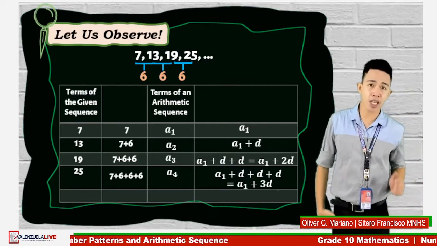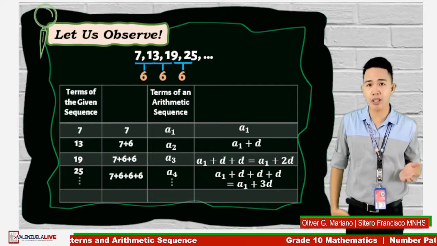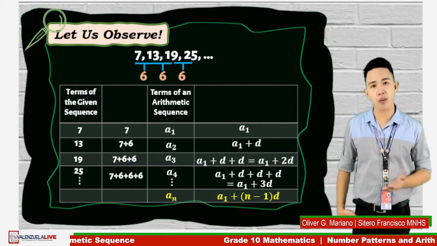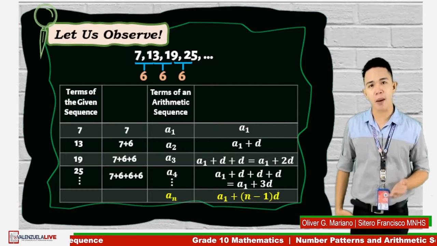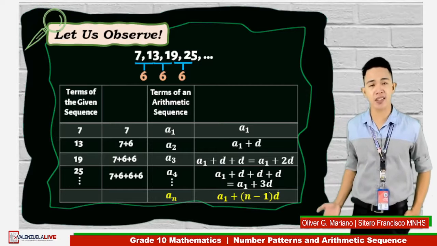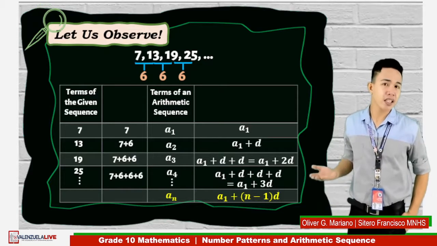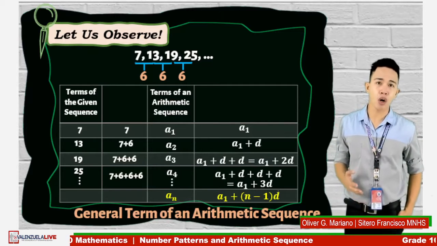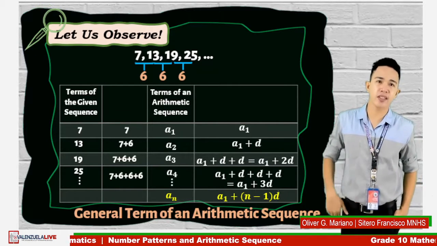Hence, from here we can say that if we continue the pattern, a sub n is equal to a sub 1 plus quantity n minus 1 times d. And this serves as the formula for the general term of an arithmetic sequence.